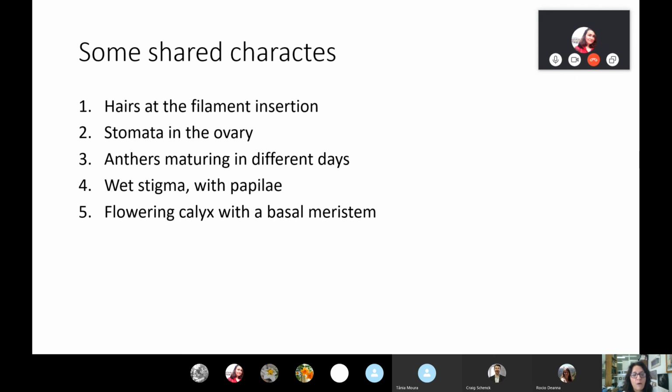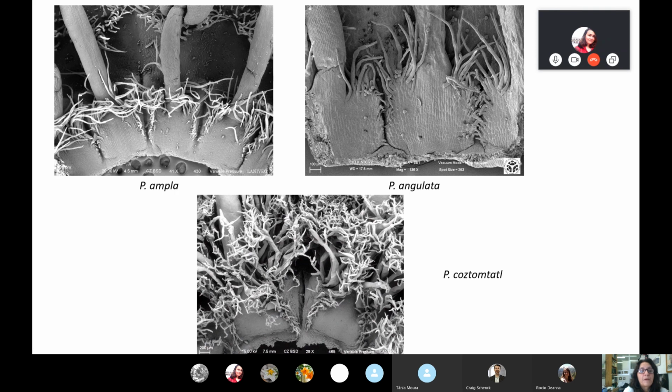All the stigmas are wet and all have papillae, and the calyx grows in the fruit because it has a basal meristem in the flower, and therefore it keeps growing once the fruit matures. So this is some of the results I have been gathering with Ophelia and Pilar.